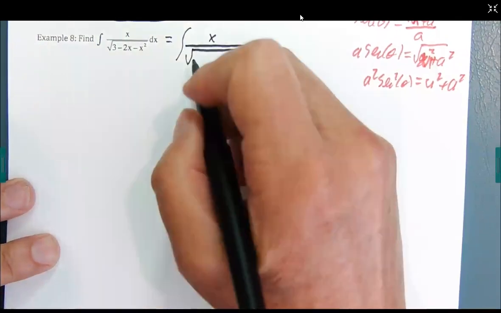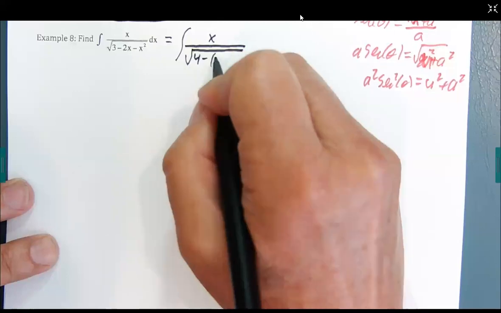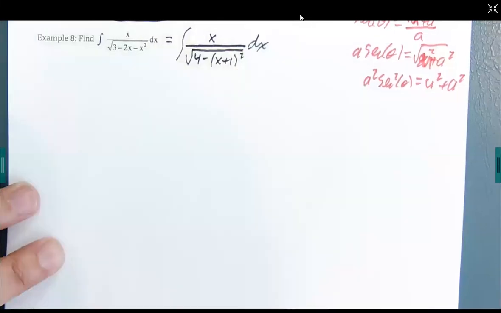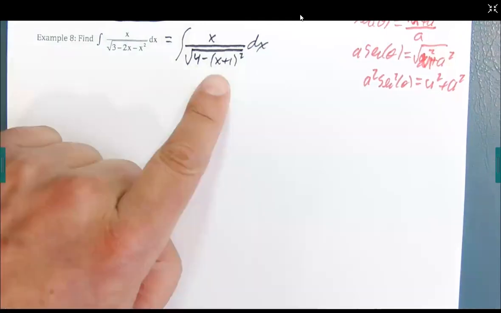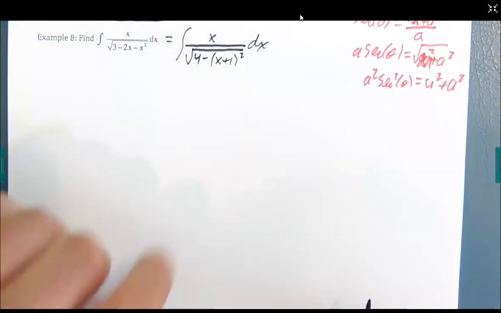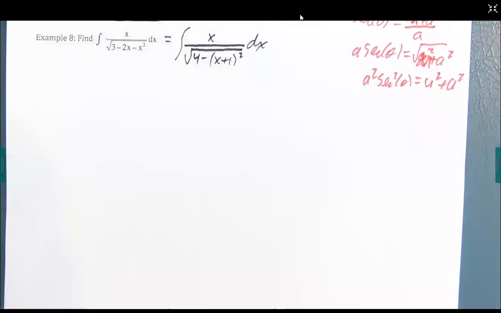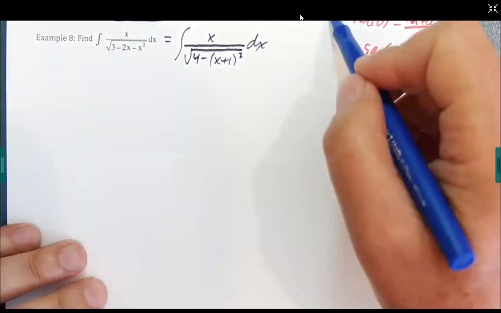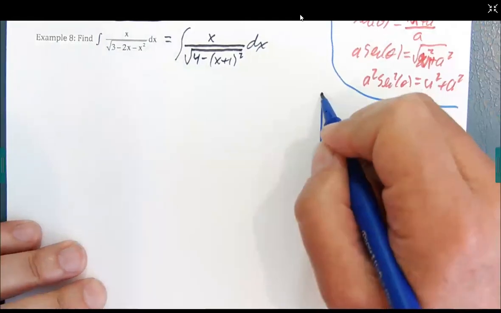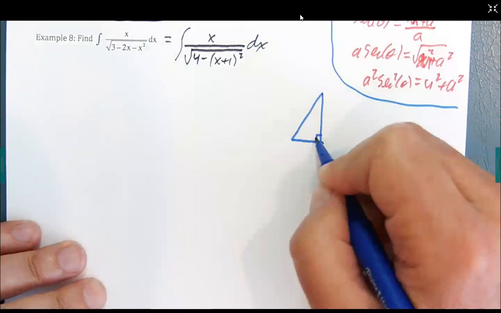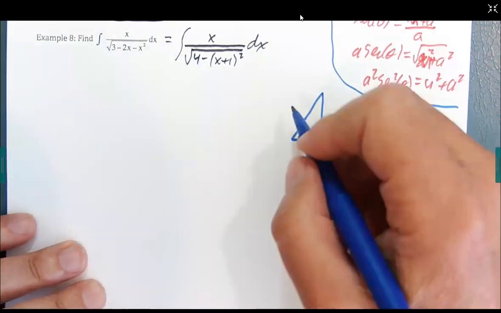So 4 minus x plus 1 squared dx. And you can see I can set up a triangle based on this. I could do a quick u-substitution, but I'm just going to leave it as is. And remember, this is from a previous problem. So let's set up our triangle. The hypotenuse is going to be 2.